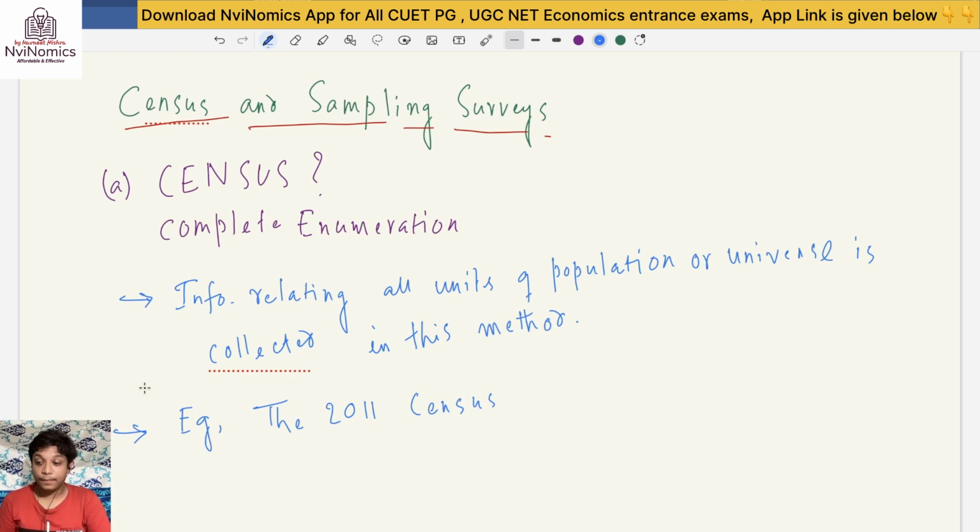सो सेंसस में, सर काउंट होगा? HDI का जो डाटा होता है वो भी सेंसस में काउंट होगा?